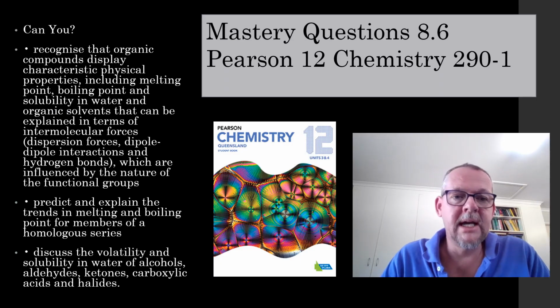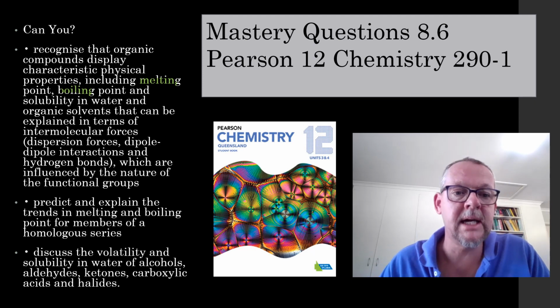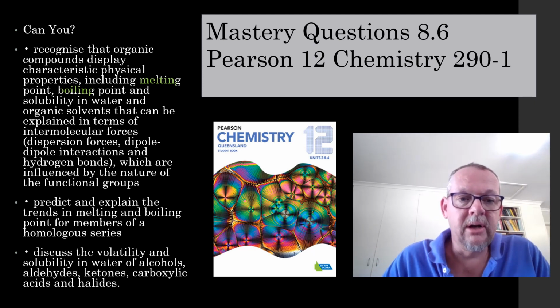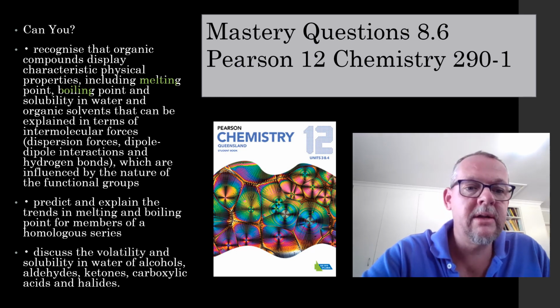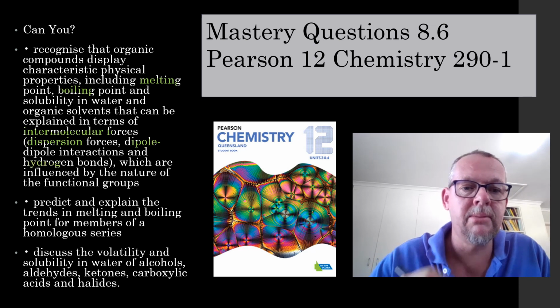We've done a little bit today. Are you able to recognize that these organic compounds display characteristic physical properties, particularly looking at melting point, boiling point today, and volatility, and that can be explained in terms of those three intermolecular forces we've talked about: dispersion forces, dipole interactions, and hydrogen bonds.